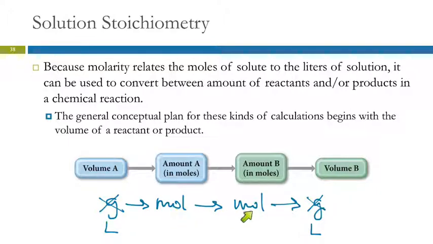What's always the same is it's moles in the middle. So if we're doing volume of A to amount of A in moles, that's going to be the molarity of that solution as the conversion factor. Moles to moles is the mole ratio from the balanced chemical equation. And moles to volume is going to be the concentration, the molarity.